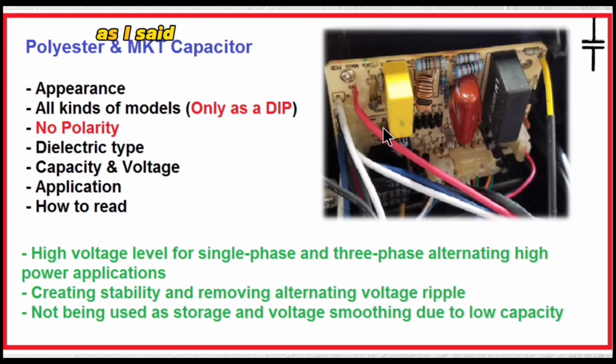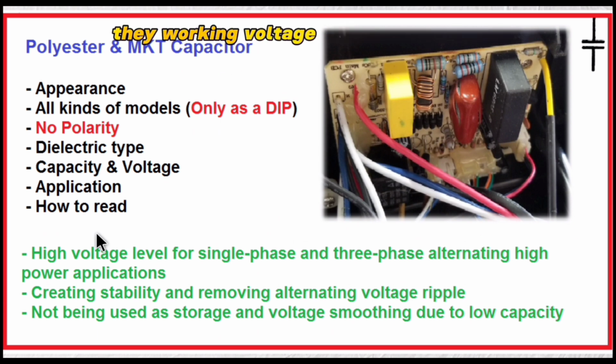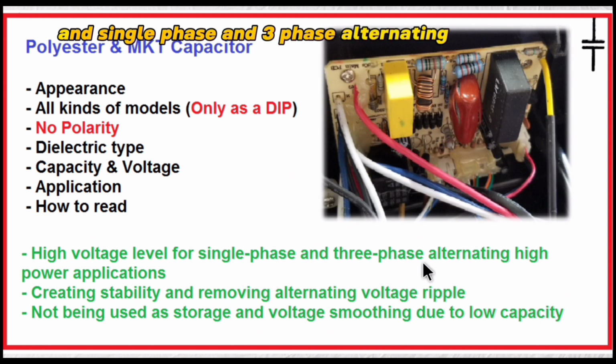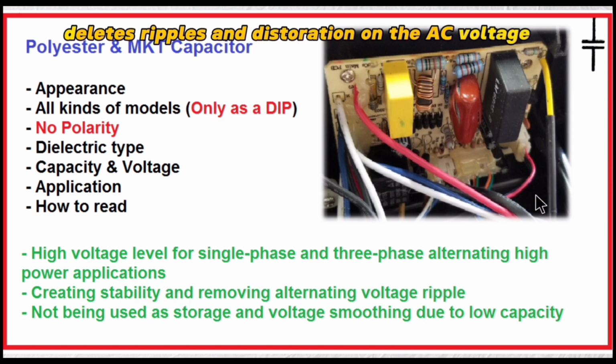Let's go to their use. As I said, these capacitors don't have polarity. That is, they don't have a positive or negative base. Their working voltage level is also high, and they are used for high voltages and single phase and three phase alternating voltages. On these capacitors, the leads, ripples, and distortion on the AC voltage.